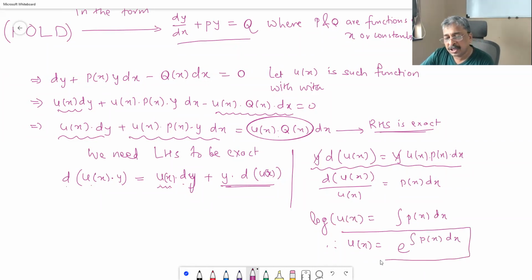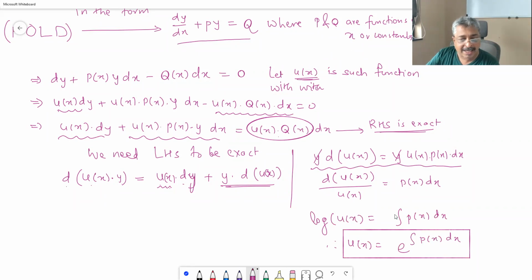We wanted to search for an integrating factor u of x, with which if we multiply the first order linear differential equation, we convert it into an exact form.